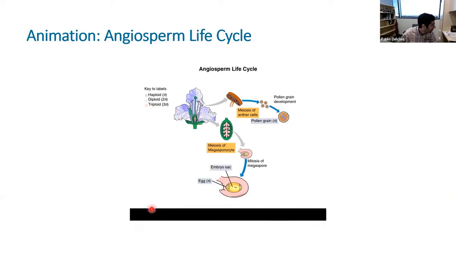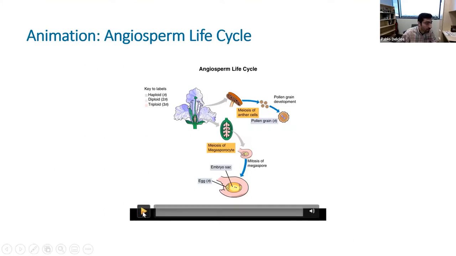So first we'll talk about plant reproduction. A lot of this may be familiar to you because we did see a lot of this in earlier chapters, but it's going to cover this in a lot greater detail.